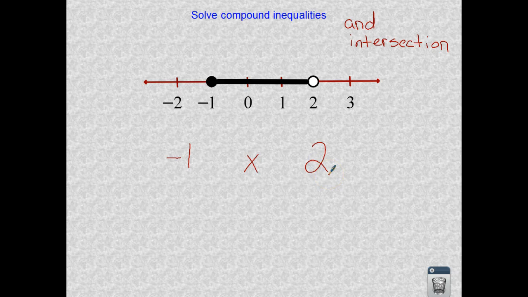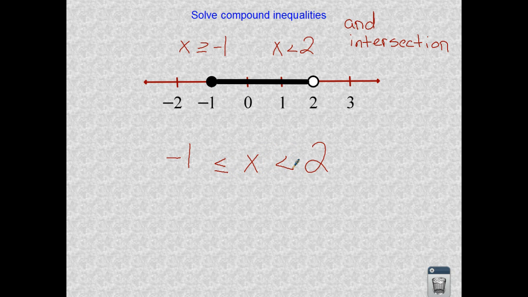We said that x on this one was greater than or equal to -1. So x is greater than or equal to, if I read it from right to left, so it's open to the x. And at the same time, we also said that x was less than 2. So x is less than 2.